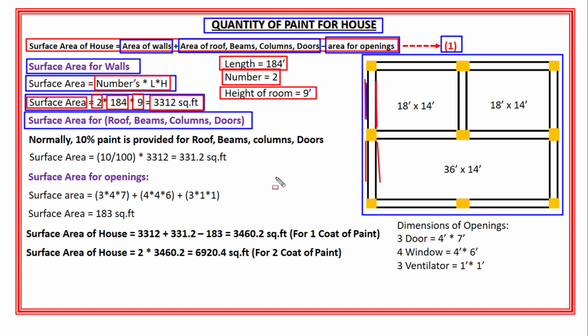Next is the area for roof, beams, columns and also doors. Now here I will use my own experience, and normally on site 10% paint or whitewash is used in floors, beams, columns and doors compared to the total surface area of the walls.